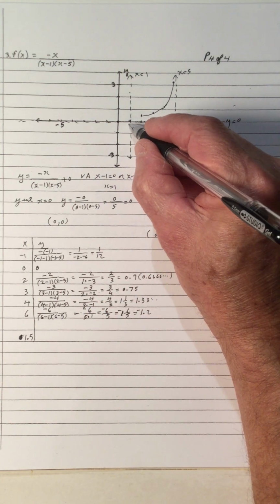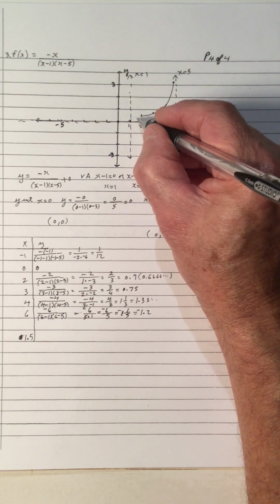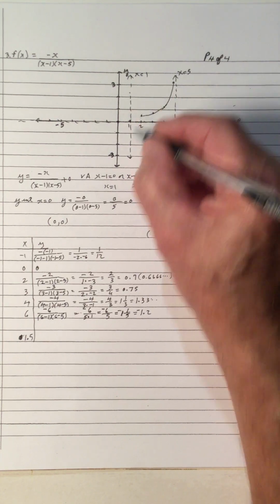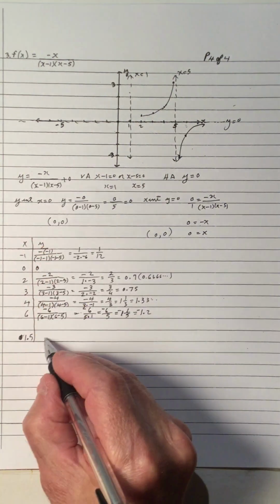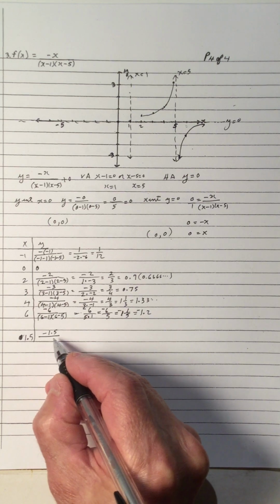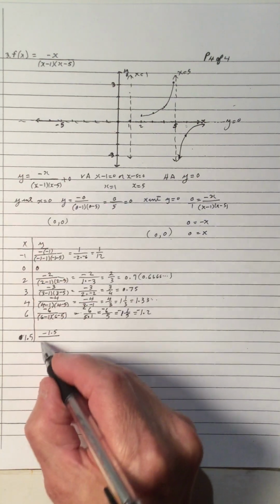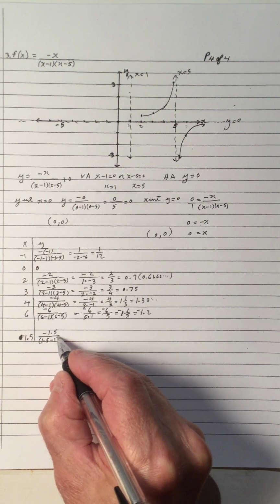1.5. So there's a 1, that's a 2. I need to look at this point right here to see if it's going to be down here or up here. Now, 1.5. We put 1.5 in here, makes it negative 1.5. And we go 1.5 here, so 1.5 minus 1.